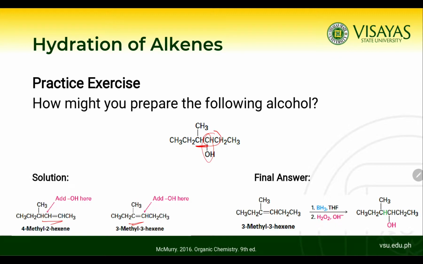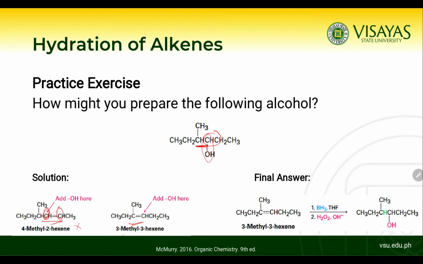For these two carbons sharing the double bond, each is actually mono-substituted. That means to say each is bonded to one carbon only and one hydrogen. So we cannot compare using Markovnikov's rule, no? So that means to say this is not the starting material.